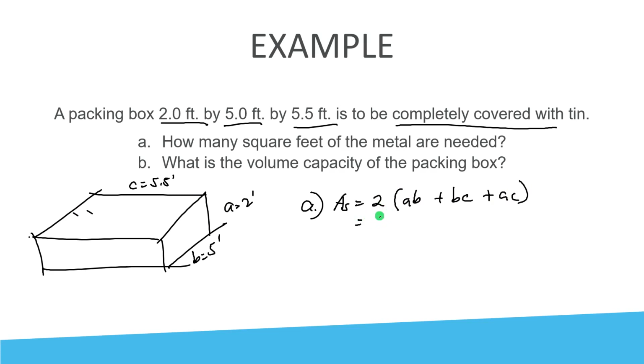So we have here 2 times (2 times 5 plus 5 times 5.5 plus 2 times 5.5). Computing that, we have a total surface area of 97 square feet.